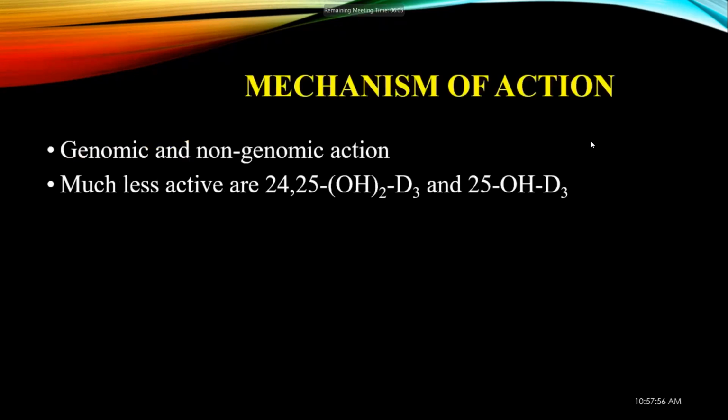So the mechanism of action of vitamin D: calcitriol can show its actions by genomic as well as non-genomic actions. And the other precursors of vitamin D, that is 24,25-dihydroxycholecalciferol and 25-hydroxycholecalciferol, are less active than calcitriol.